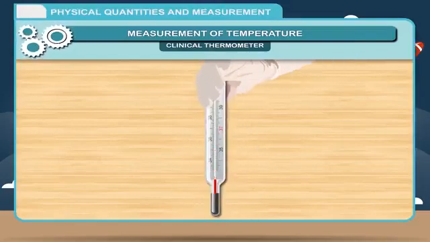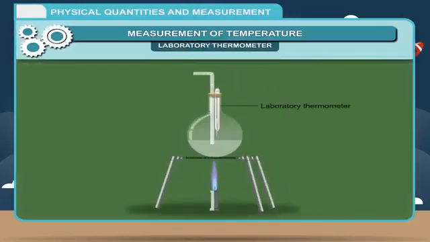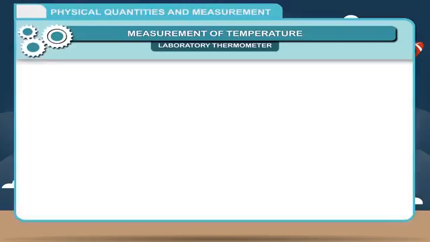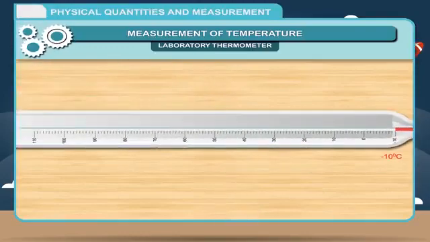Laboratory thermometer. A laboratory thermometer is used to measure temperature in the laboratories during various experiments. Generally, it is graduated from minus 10 degrees Celsius to 110 degrees Celsius.